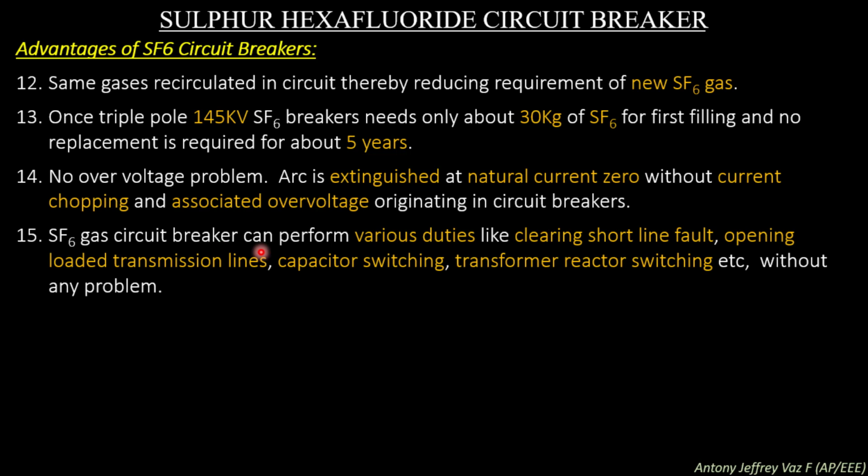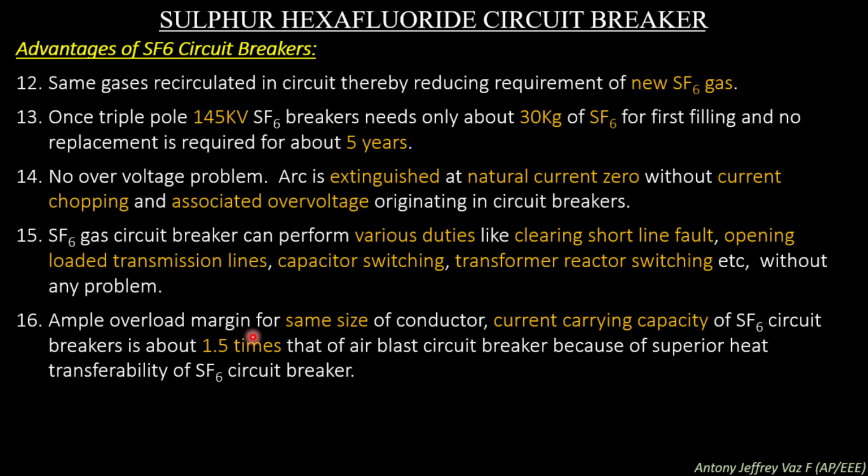SF6 gas circuit breakers can perform various duties like clearing short line faults, opening loaded transmission lines, capacitor switching, and transformer reactor switching without any problem. While performing these operations, some other circuit breakers may fail, but the SF6 circuit breaker performs very well.